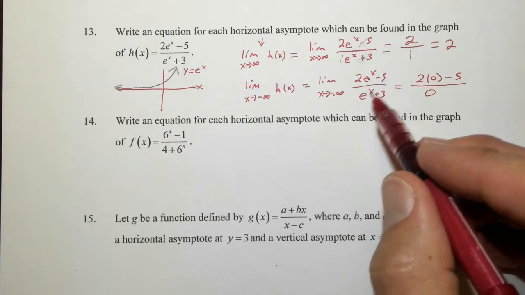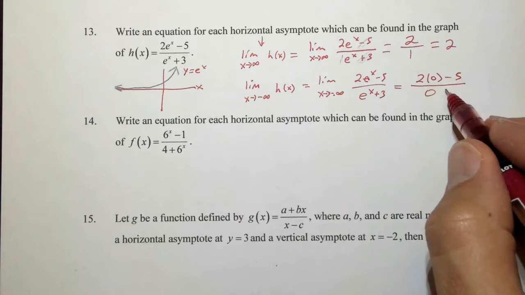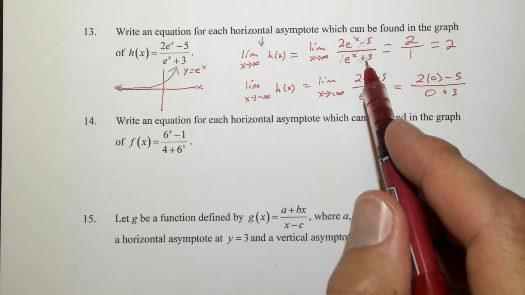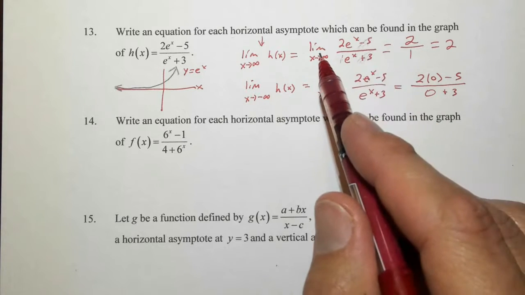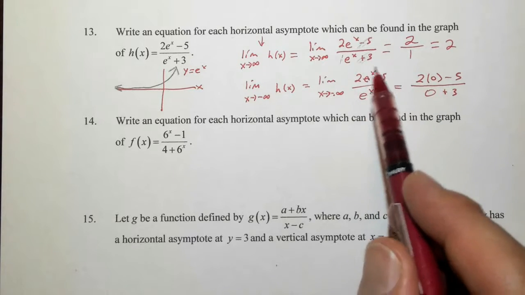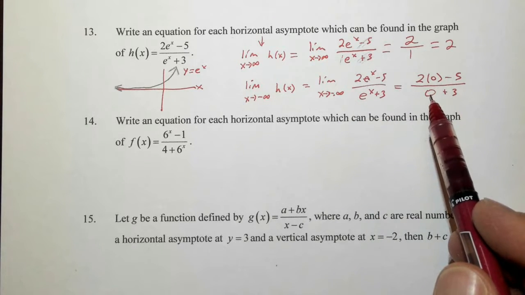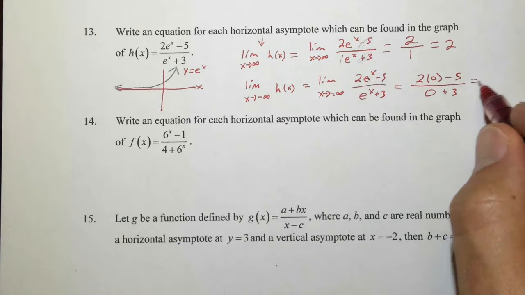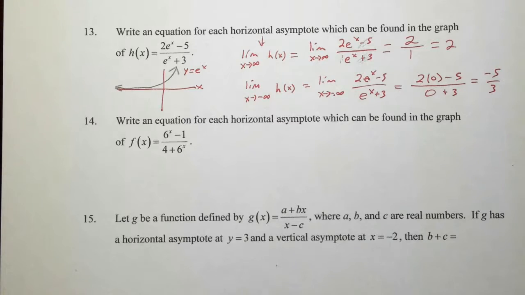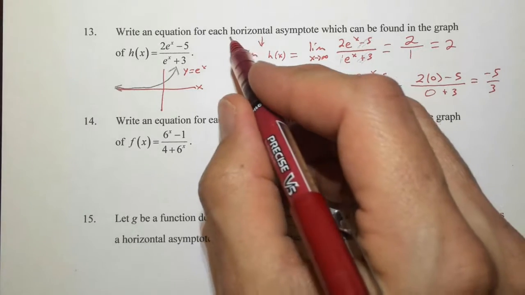So e to the negative infinity is 0, but then we have the plus 3. Up here, the negative 5 and the 3 were inconsequential to finding the limit. But down here, they're extremely important, because the e to the x terms are going towards 0. So 0 minus 5 and 0 plus 3. Negative 5/3 is also a horizontal asymptote.